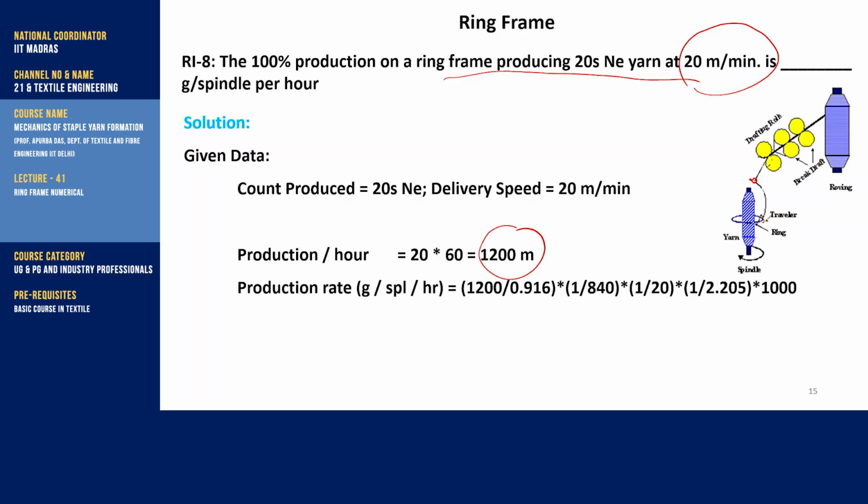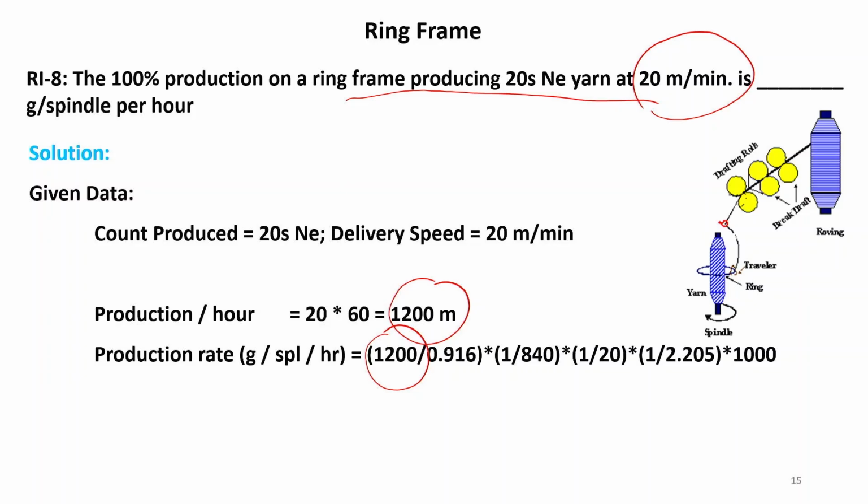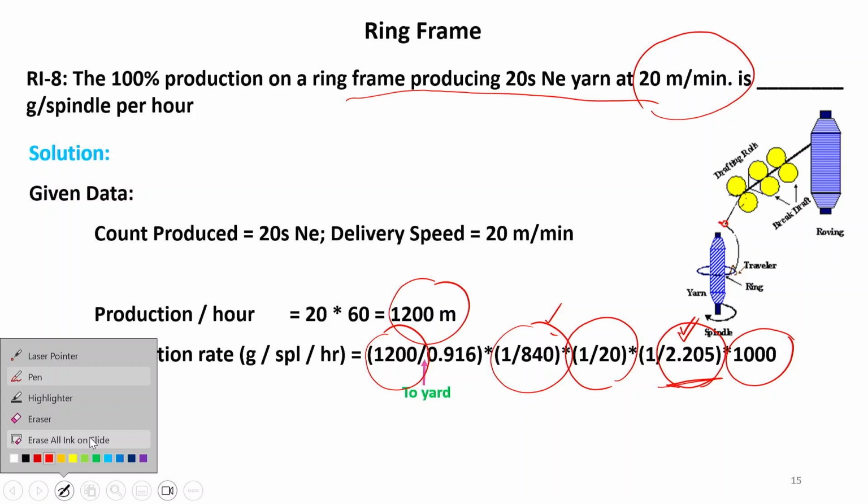So, production rate in gram per spindle per hour. So, this is 1200 meter, and here we are doing it in hank, that is divided by 20, and from pound to kg, and from there we get it in gram. So, you can see here how the conversion is taking place.